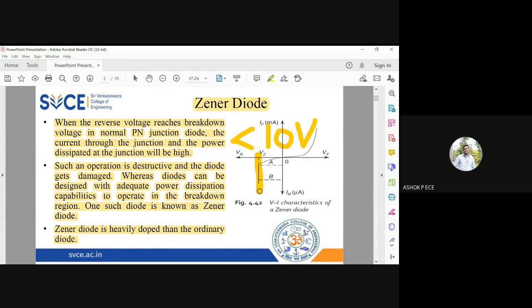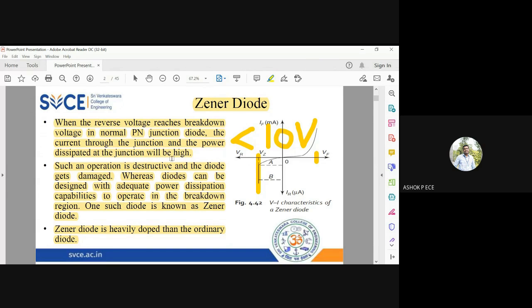The current will increase enormously, but the voltage will be the same. Just like in forward bias, after a particular cut-in voltage, the voltage is constant and only the current increases. In the same way, after Zener breakdown happens, the voltage almost remains constant, whereas the current increases enormously.